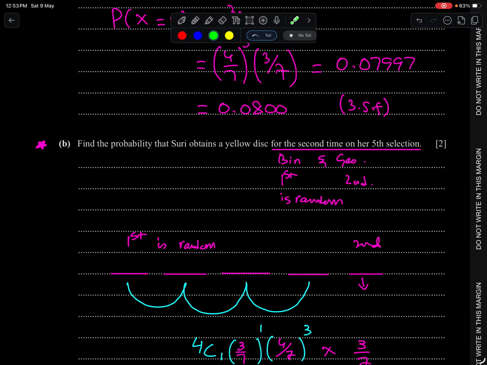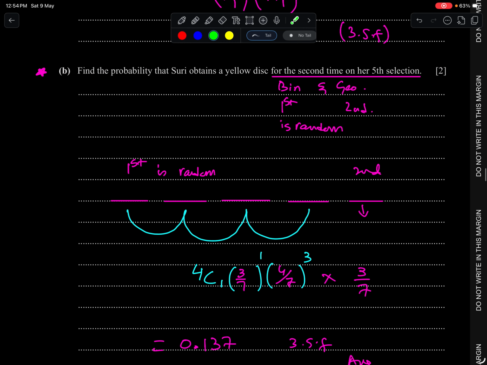Find the probability that Suri obtains a yellow disc for the second time on her 5th selection. So there is a restriction on the second disc and no restriction on the first disc. The selection of the first disc is random. So that is binomial. In binomial we use C, that means random.